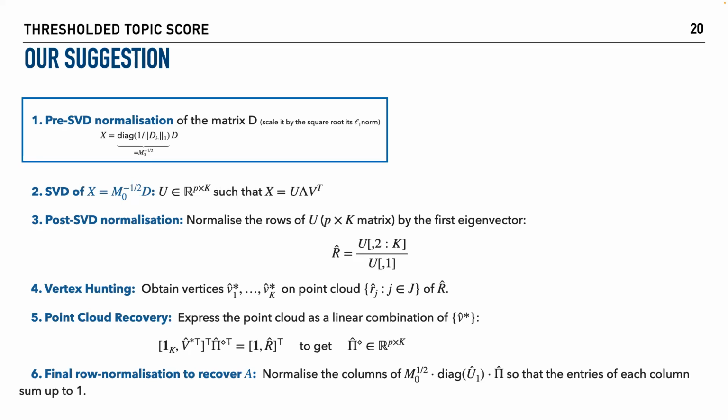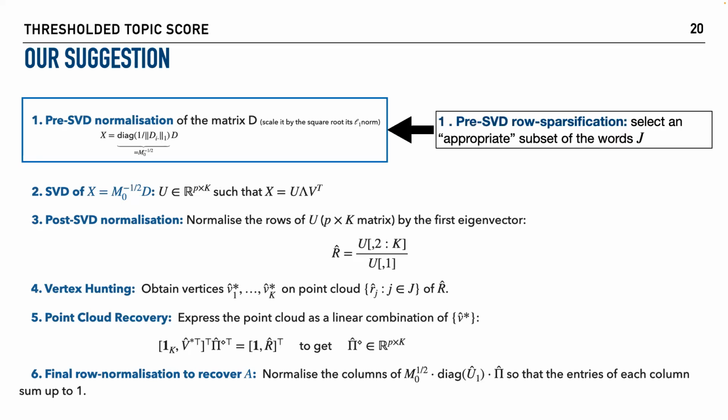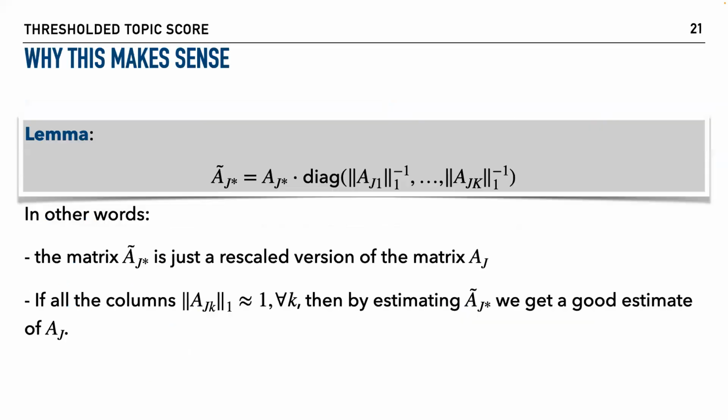In practice, this can destabilize the algorithm. It can create point clouds that are not particularly good because the frequencies are so small. So we propose to replace this pre-SVD normalization by a pre-SVD sparsification: we select an appropriate subset of the words on which to apply our topic modeling.